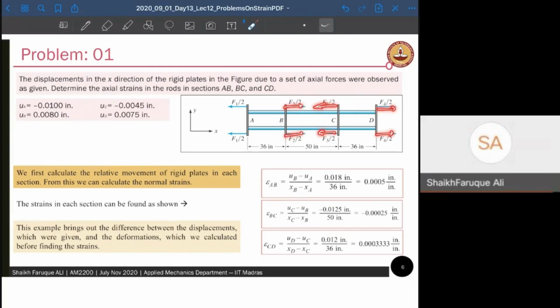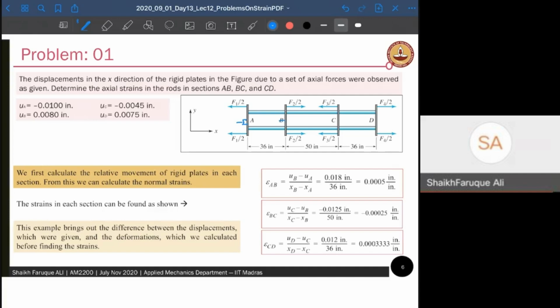Now let's say you are not interested in forces or stresses, you are interested in strains, so you put some displacement measuring devices across the elements, all across it. And once you do that, you get the displacement measured, okay? Let's say at A you put a displacement sensor, at B you put a displacement sensor, at C and D. So there is a displacement sensor here.